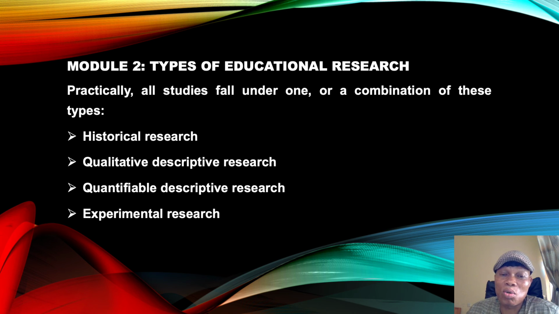Assigning some students to a class whereby you will teach them using instructional material, and then assigning some other students to another class whereby you will teach them using the conventional lecture method. This is a typical example of an experimental research.